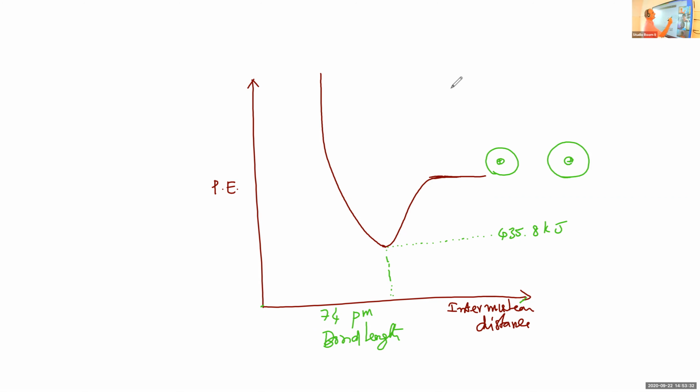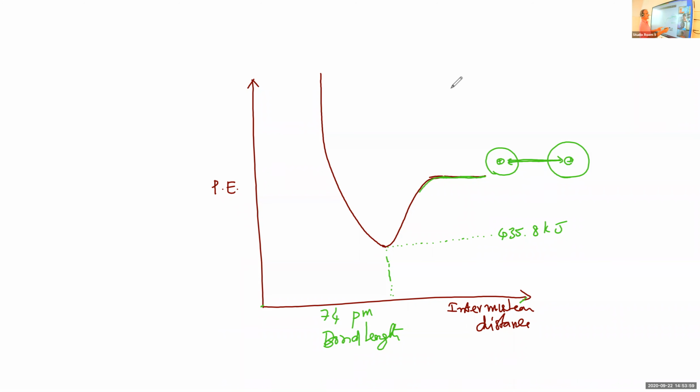So this is the internuclear distance now. Far away, far away. Now what happens? These atoms are coming closer and closer. So this distance decreases. Follow this or not? Yes, sir. Okay. So the distance is decreased.